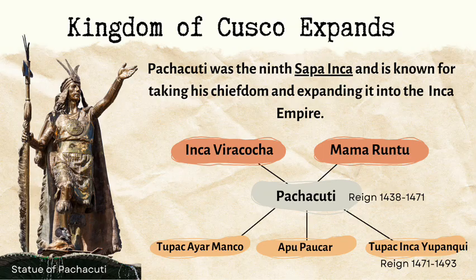The emperor of the Incas was referred to as the Sapa Inca. Pachacuti had 3 sons, shown on the slide, and Tupac Inca Yupanqui would succeed his father in 1471 as Sapa Inca and continue expanding the empire before the arrival of the Spanish.